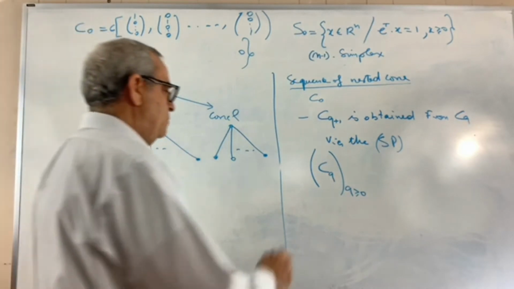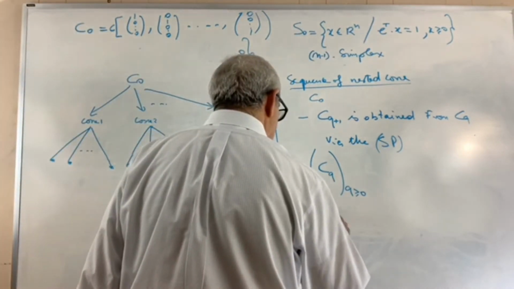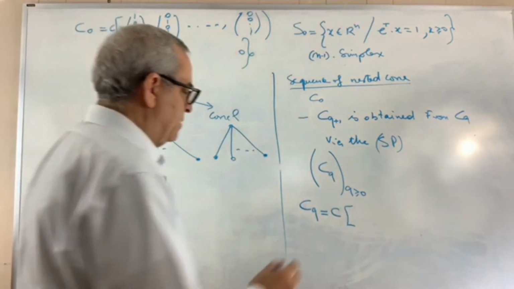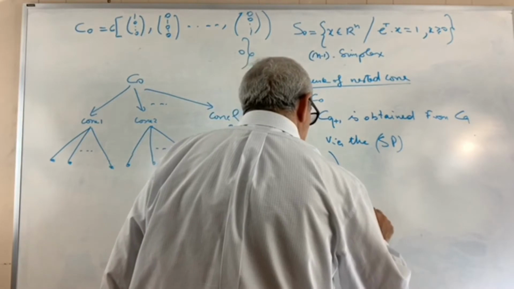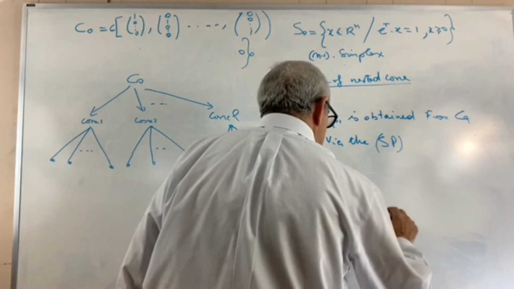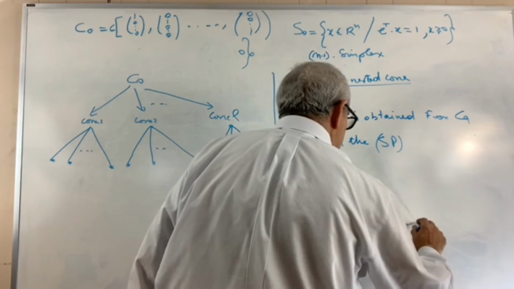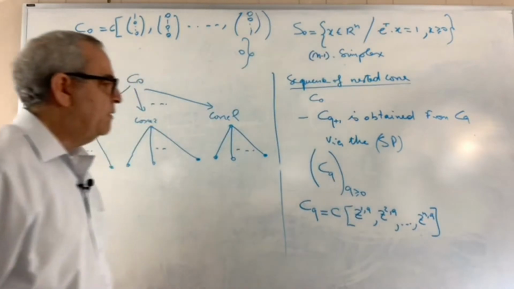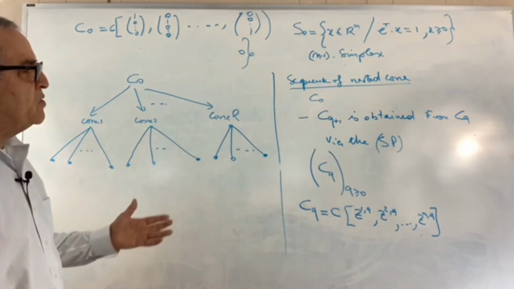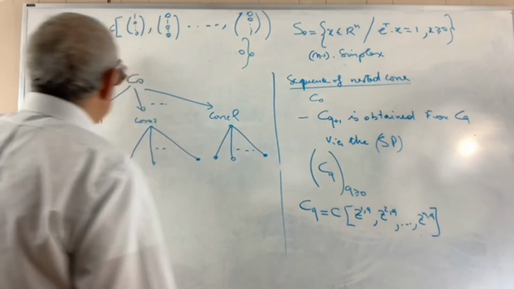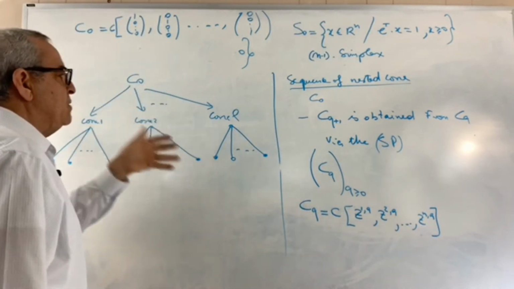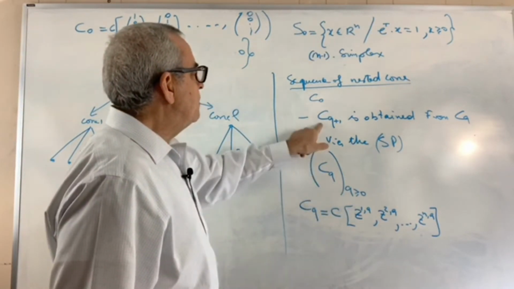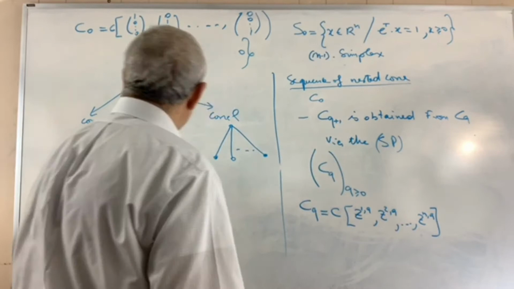Where CQ is some cone, and then I'm going to label it Z1Q, Z2Q, etc., ZNQ. So any subdivision process will generate from this tree many sequences such that CQ plus 1 is obtained from CQ via the subdivision process.